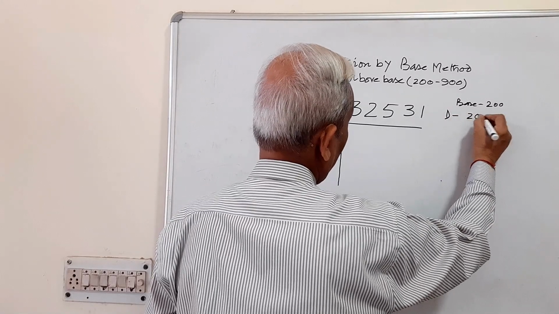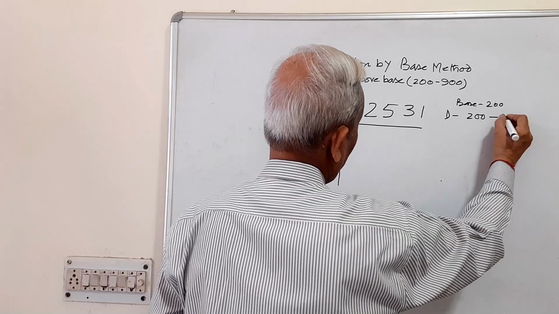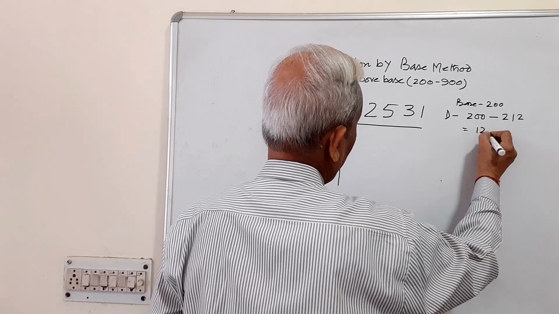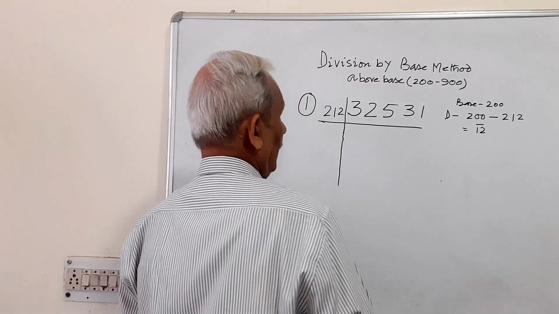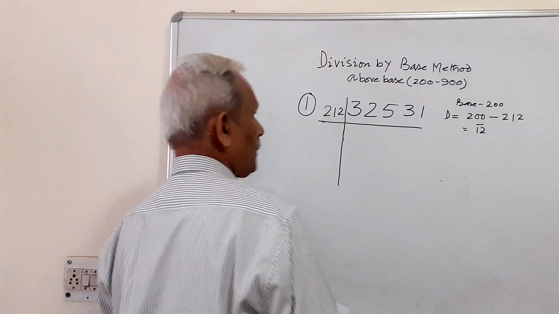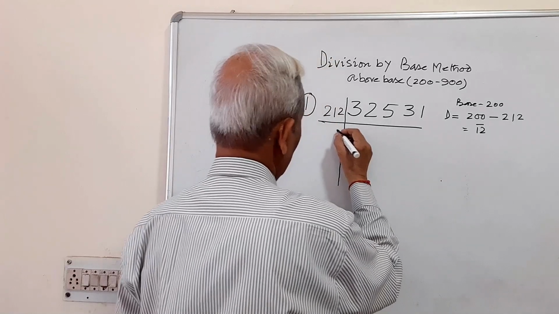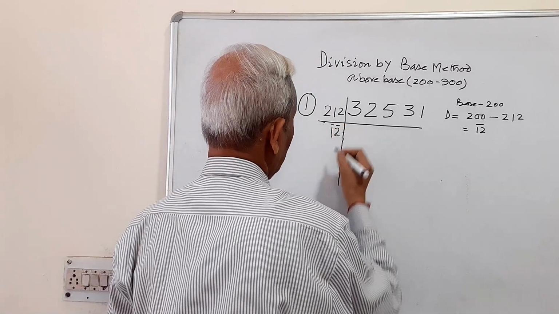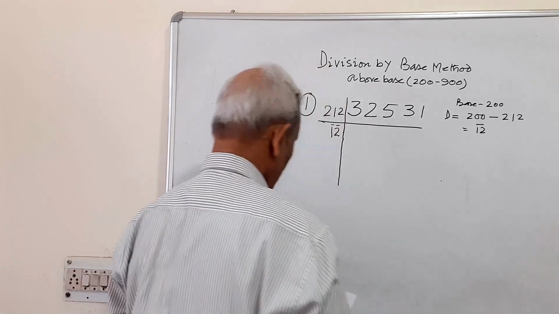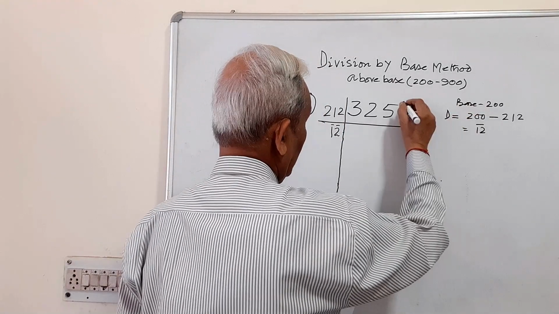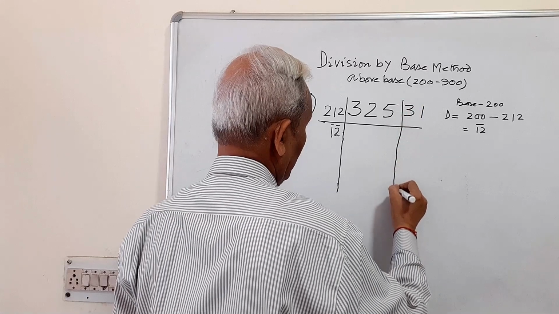Base minus 212, which is equal to 12 bar. So I'll write down 12 bar here. And since the base is 200, the two zeros will put one line after two digits.